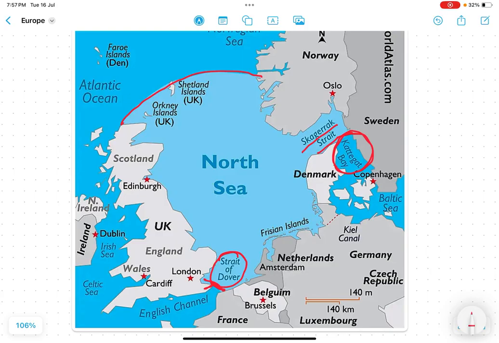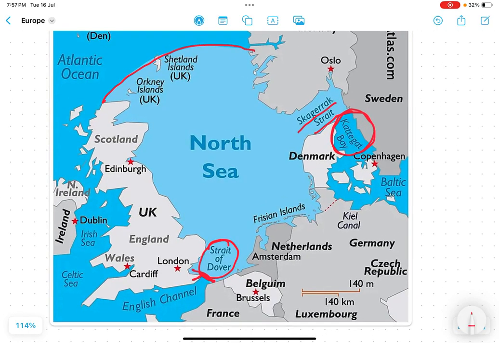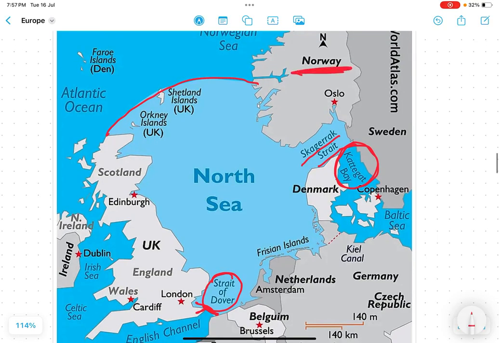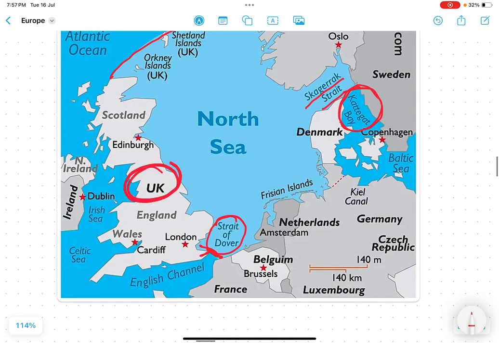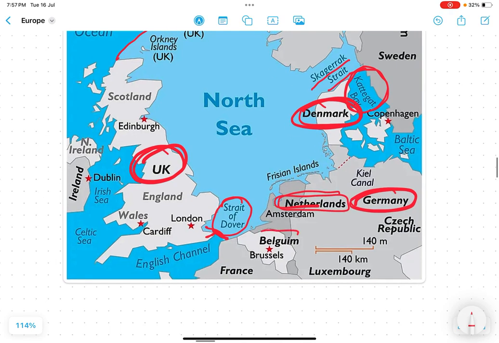So as you can see in this map, North Sea is bordered by, first of all, Norway, UK, Denmark, Germany, Netherlands, Belgium, and France.